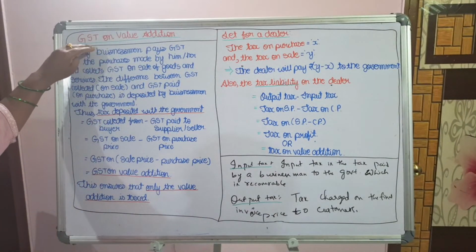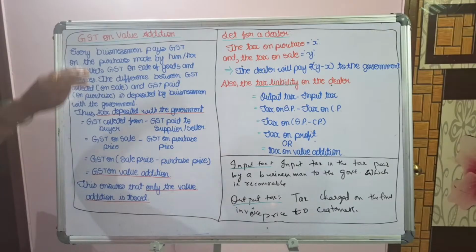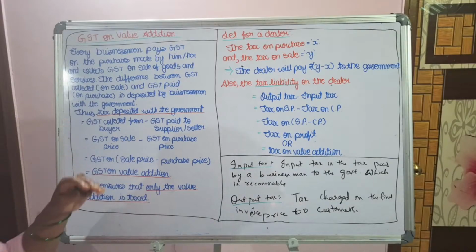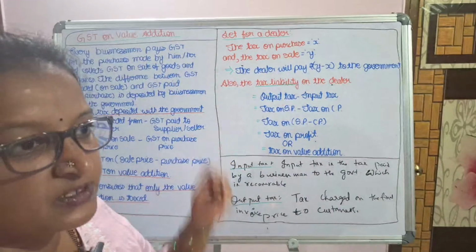Next, GST and value addition. GST on value addition means the GST is added to the profit gained by the businessman.